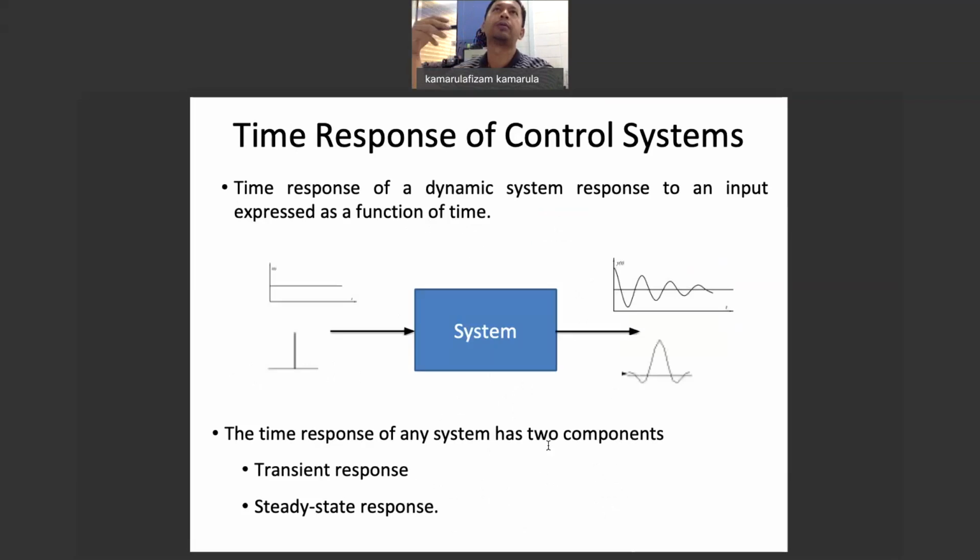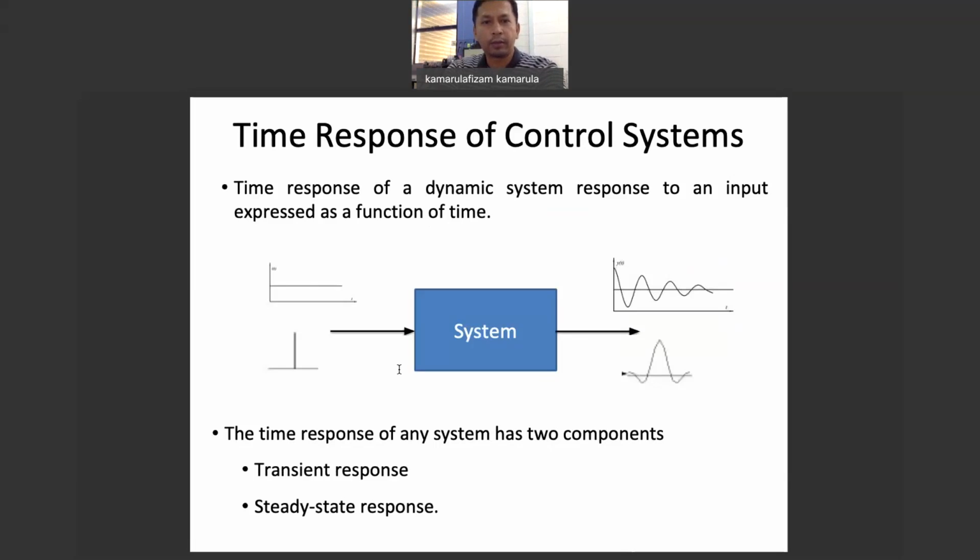We want to see how the system behaves at t equal to 1, at t equal to 2, at t equal to 3, and so on until the system reaches steady state. So for a first order system, it takes some time to reach steady state from the boot up or startup period.